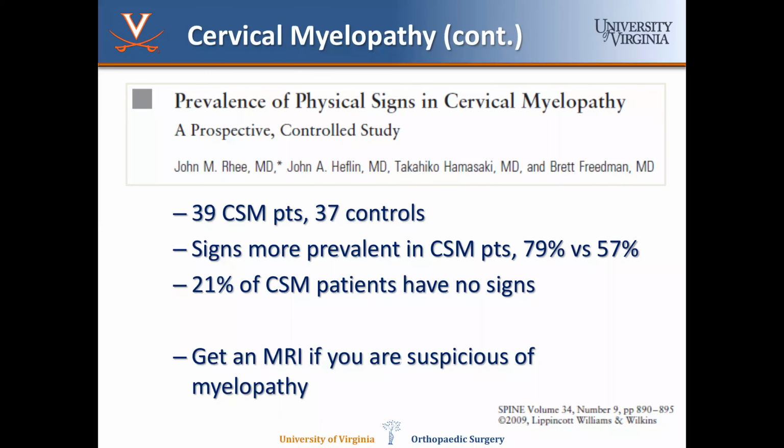You can't say, boy, they sound really myelopathic by their history, but they don't have a Hoffman's and they don't have clonus or a Babinski, because often people are old and they have a coexistent peripheral neuropathy, either diabetic or just an idiopathic peripheral neuropathy, and it'll dampen out all those abnormal reflexes. Or a young, healthy female will have 3 beats of clonus and a Hoffman's, and they're completely normal. So although we use the physical exam findings, you have to be mindful either way.